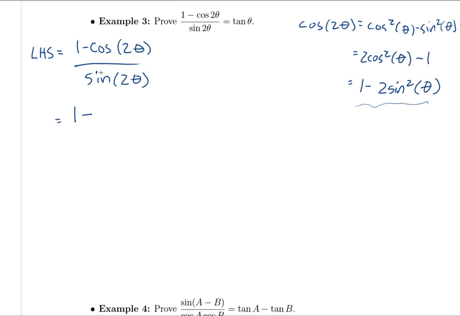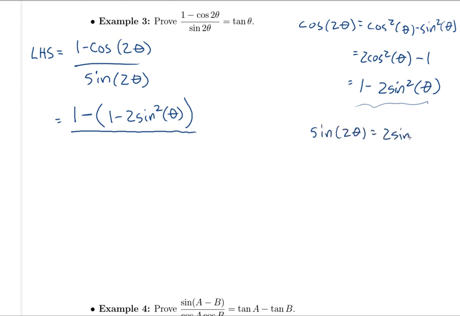You are going to subtract that entire thing, so make sure you put it in parentheses. And then on the bottom, sine of 2 theta, there's only one version of that, right? So we've got no choice in the matter there. 2 sine theta cosine theta. So we'll write that out.